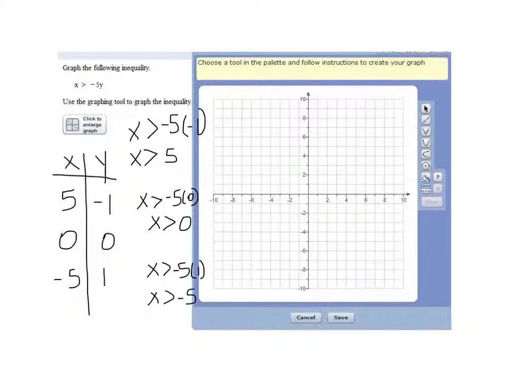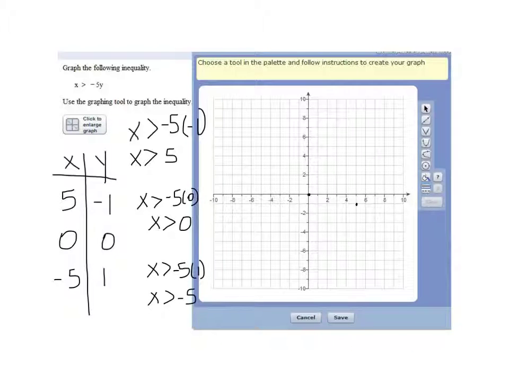So there are 3 points. And you really only need 2, but the third one is good to have to check. So we have 5, -1, which will be here. Go to the right 5 and down 1. We have 0, 0, which is at the origin.